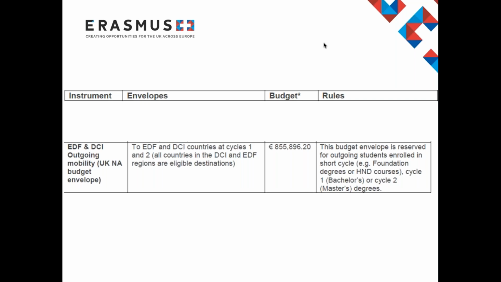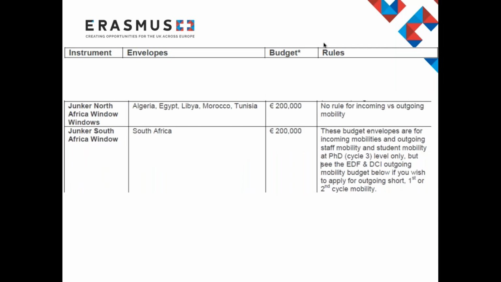For the South Africa window, this envelope is for incoming, outgoing staff and student mobility at PhD level or Cycle 3. There is a UK budget for outgoing student mobilities for short cycle and Cycle 1 and 2.